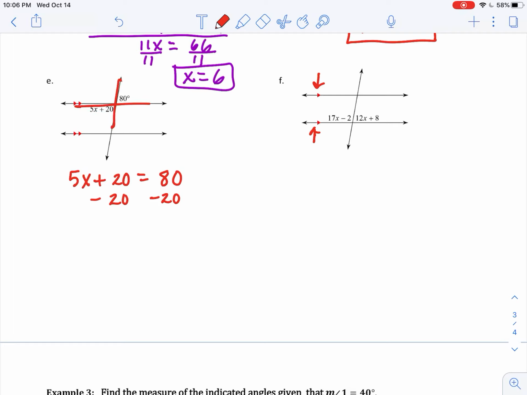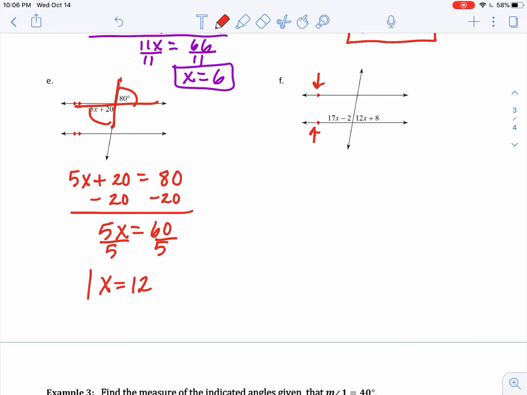If we see angles that are made from an x, right, this angle and this angle are going to be congruent. They're going to be the same measure. So we have 5x equals 60. We divide by 5, and our x is going to be equal to 12. And again, I said it out loud, but I didn't write it. It asked us to identify what we have, and we have vertical angles here.